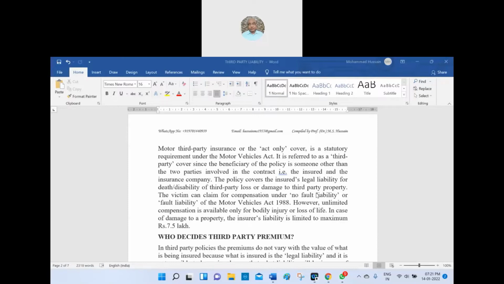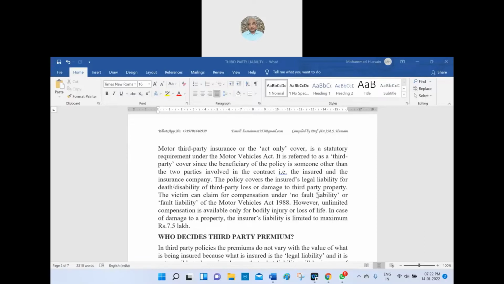Party number one is the insurance company. Party two is the insured. So that is the sequence. Other than these two, if anybody comes in, that comes under the third party.